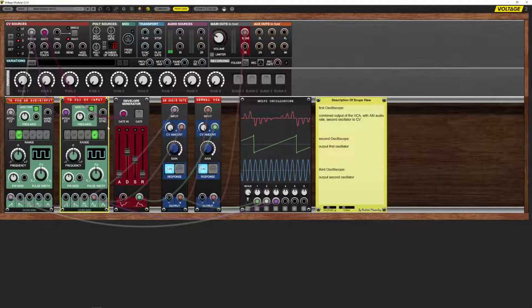It's nice to work with hard syncs or soft syncs, but we stay focused on AM.